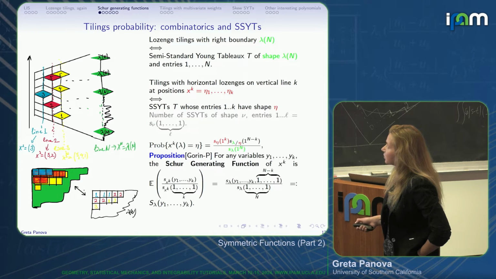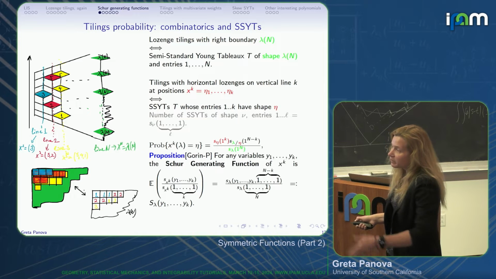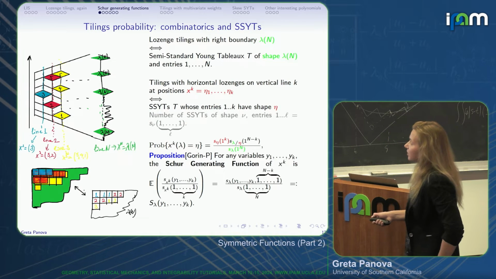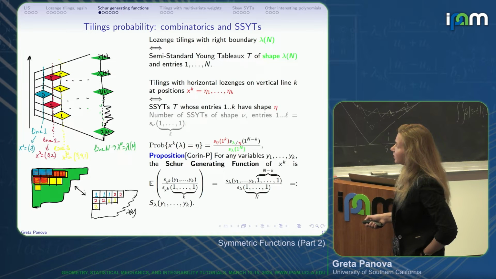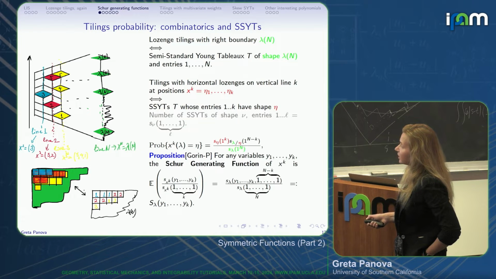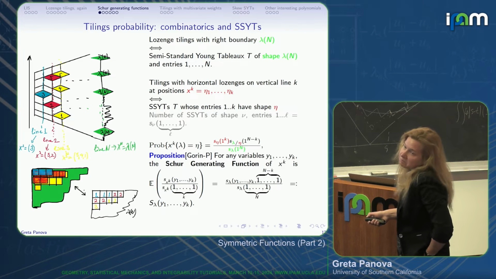So expectation with respect to a uniformly randomly chosen tiling with boundary lambda. And this is our random vector xk. And we can plug in a polynomial function here. This is like a moment generating function, but instead of having monomials here, we have Schur functions.